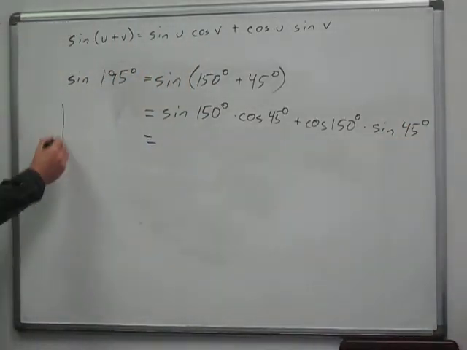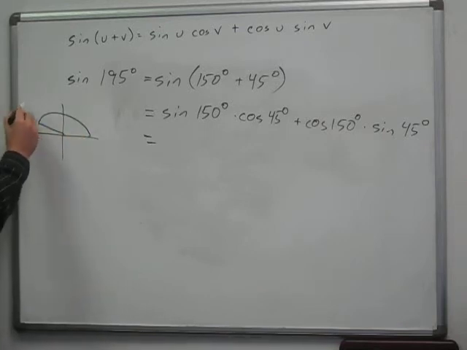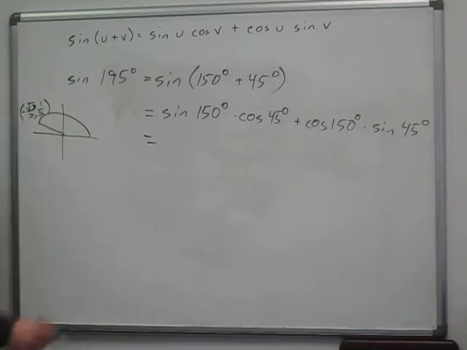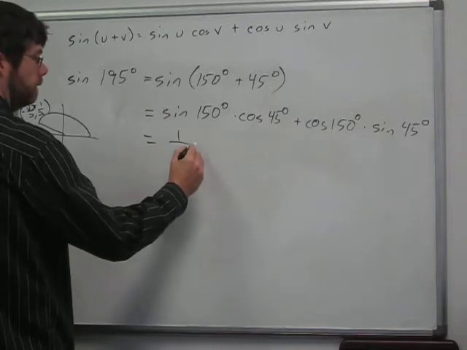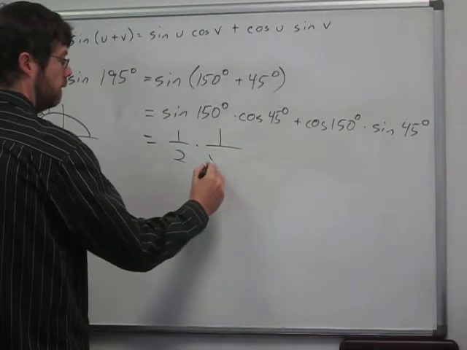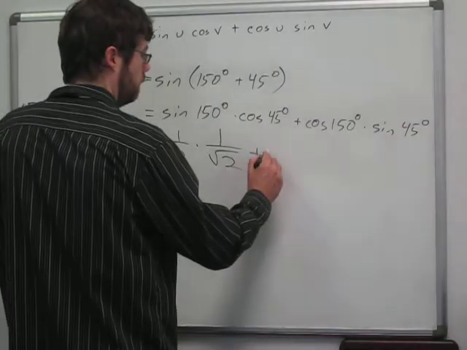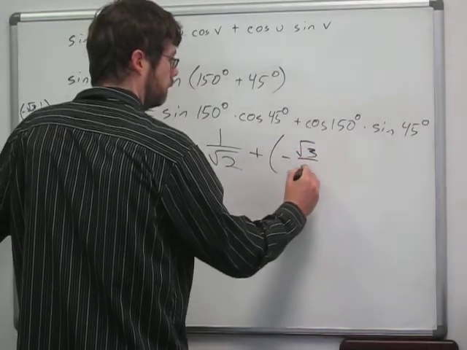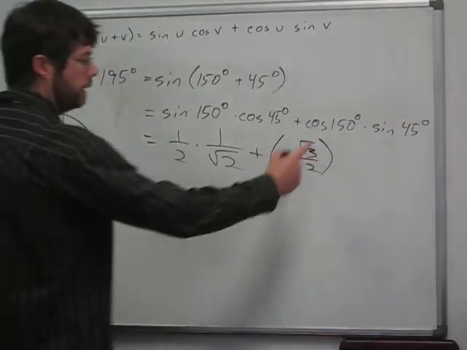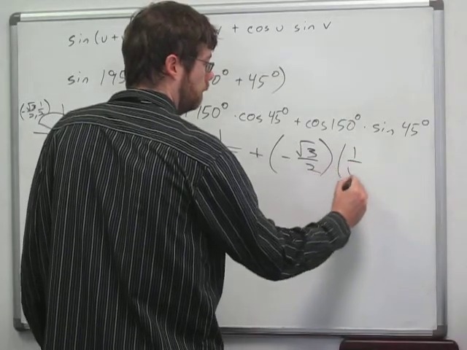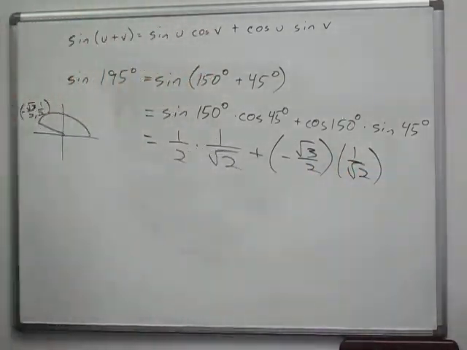Sine of 150, let's see here, 150 brings me over there to the point negative radical 3 over 2, 1/2. So the sine of 150 is 1/2, cosine of 45 is 1 over radical 2. Cosine of 150 degrees is negative root 3 over 2, and the sine of 45 is 1 over radical 2.